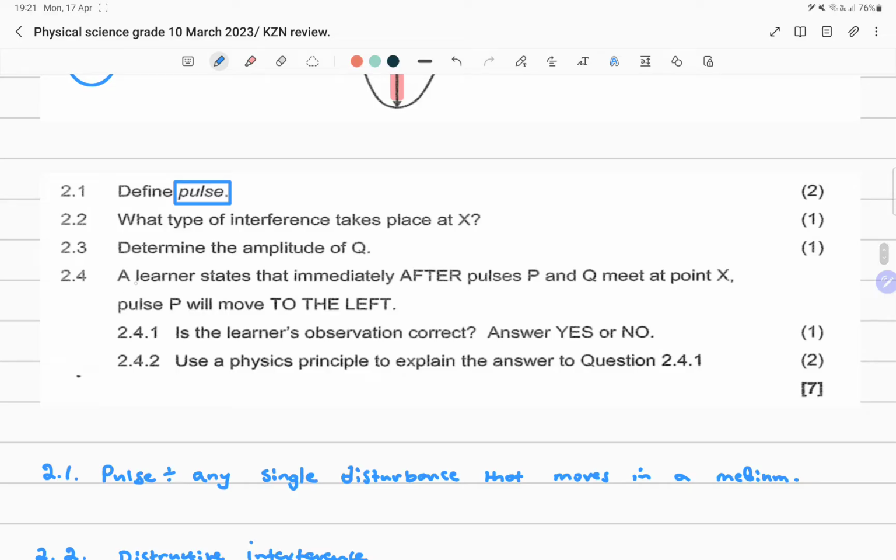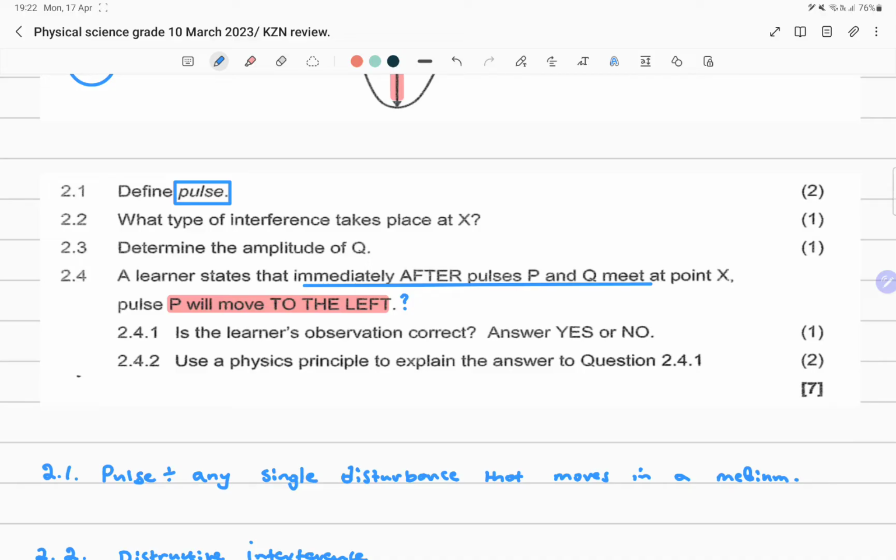Let's move on. Now, Elena states that immediately after pulse P and Q meet at point X, pulse P will move to the left. Is that true? The answer is a definite no. They cannot.